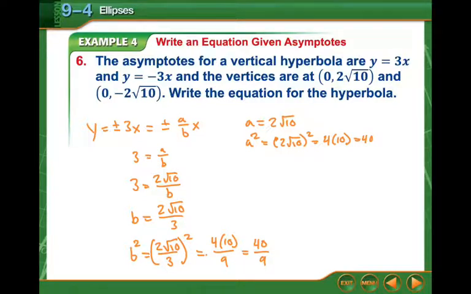We know the direction it is in. And again, we have not looked at anything that's not centered at the origin just yet. So we are ready to go. This one's going to be y squared first because it's vertical.